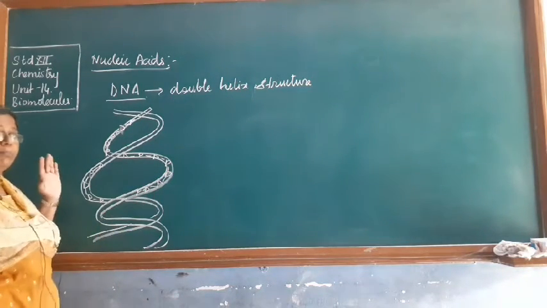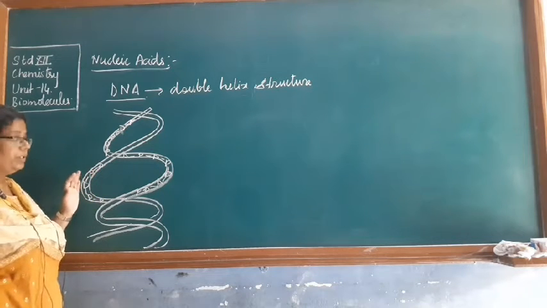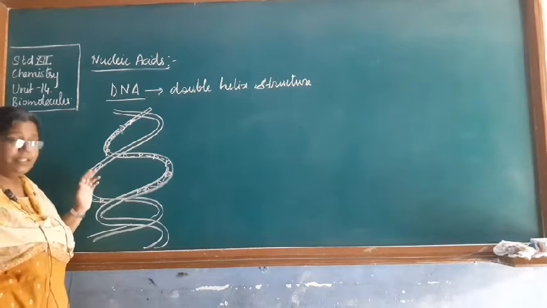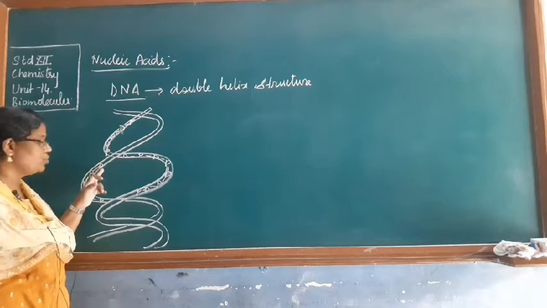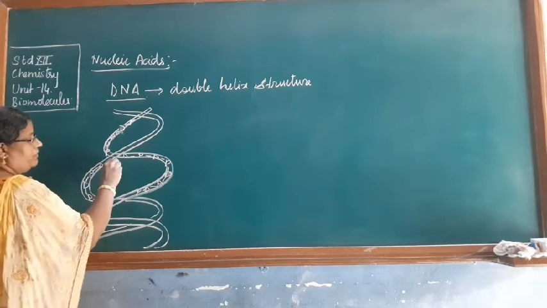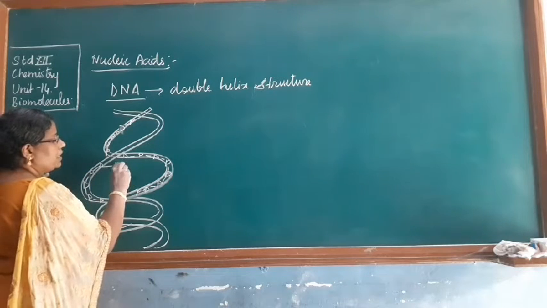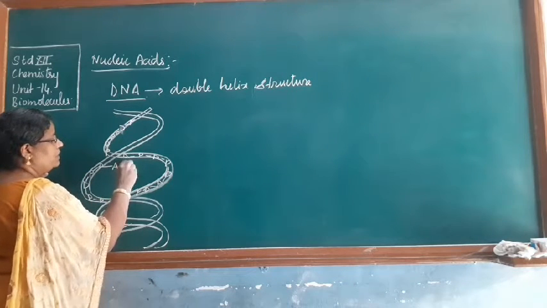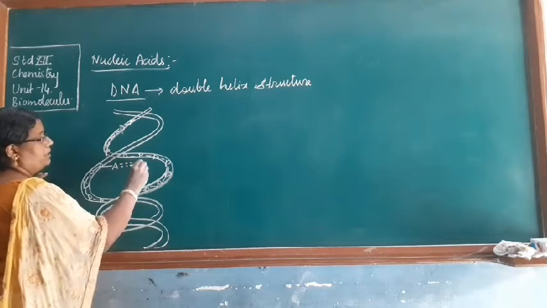Okay, now the base is present in this nucleotide or the nucleic acid on the inward side. And where is the base joined? It is joined with the sugar. So if this is your sugar which is bonded with the base A, then which is the corresponding base it will be joined with on the other strand? It will be thymine.